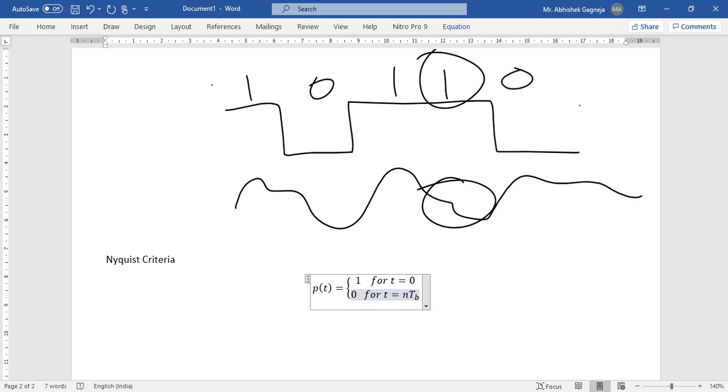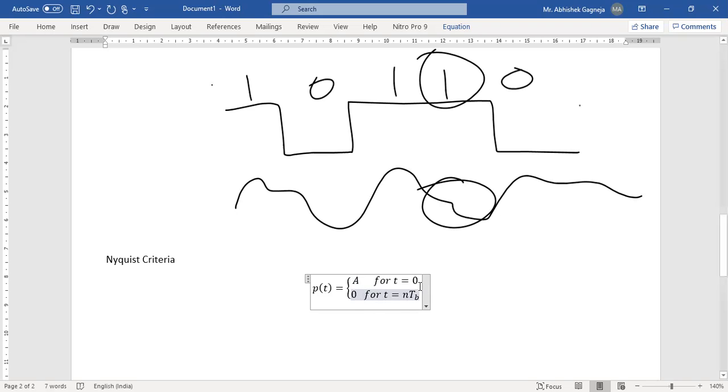So for t equal to 0, the wave needs to reach its maximum constant value. We are writing 1. This can be any constant, any pre-decided constant for that matter. Doesn't really matter. So this pre-decided constant may be A in our case, right? And for t equal to nTb, that is bit period multiple time, the data should always reach 0. Okay, the data should always come down to 0 when the pulse is like that. That's the criteria that Nyquist suggested.